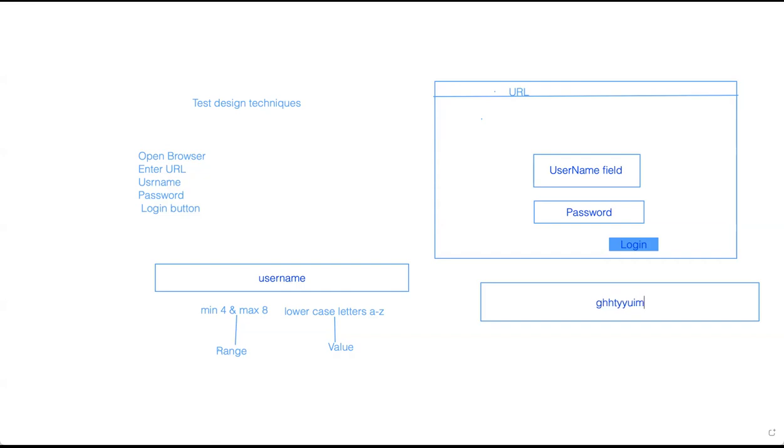If I give 9 characters, it fails. Why? The maximum range is 8 characters, and 9 is more than 8, so it will fail. So between 4 to 8 it will pass, below 4 or beyond 8 it should fail.